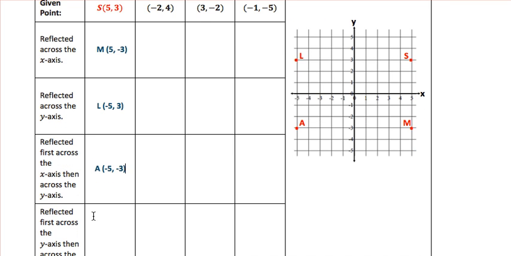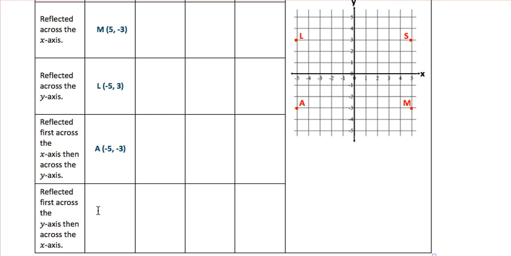And then reflected first across the y-axis and then across the x-axis would be exactly the same point, that is point A, whose coordinates are negative 5, negative 3.